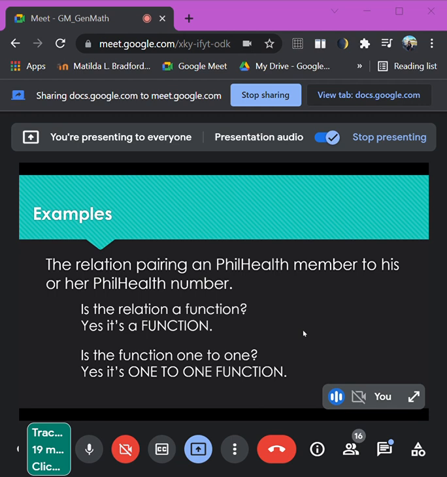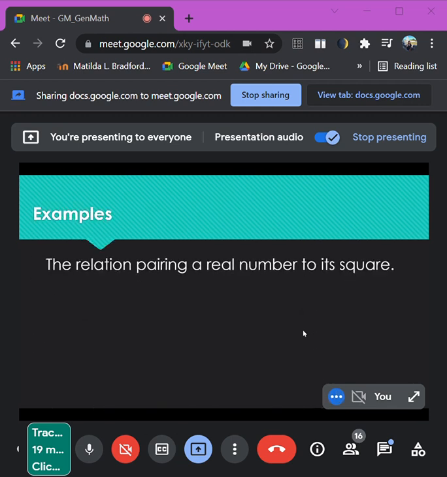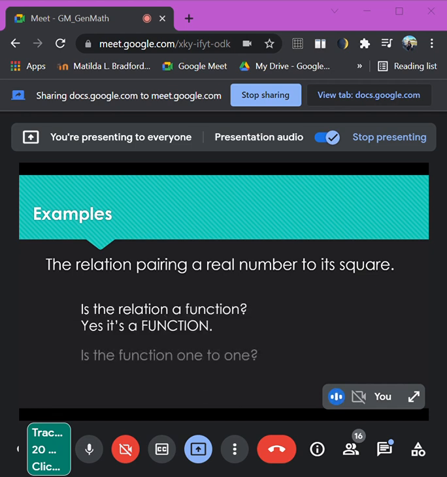Okay, and then we have as well pairing a real number to its square. Okay, so here we have pairing man siya. So pairing a real number. So kani siya is dili siya one-to-one function. So nga naman, a square could be like negative and then squared.